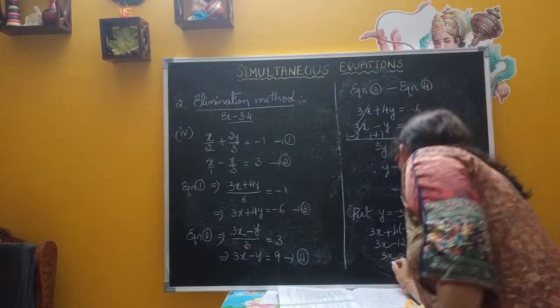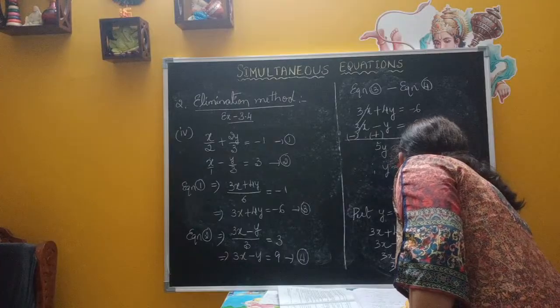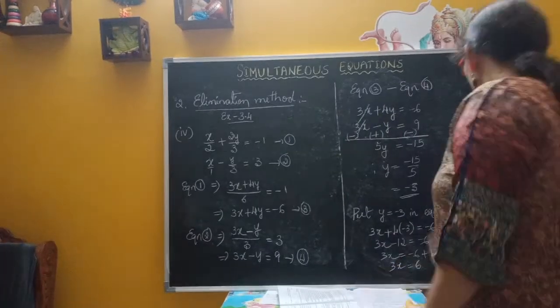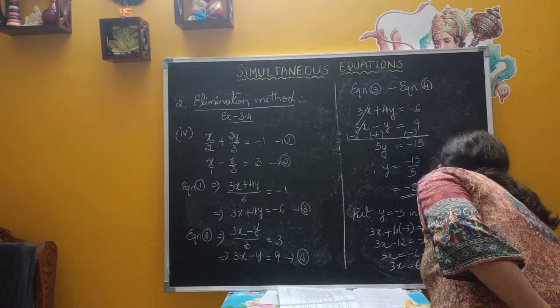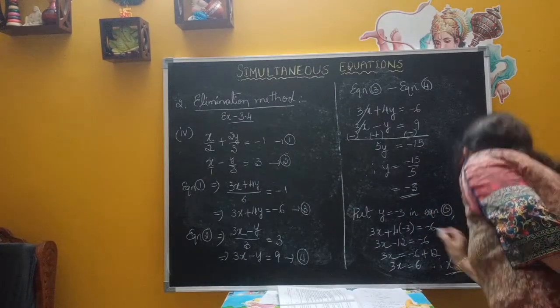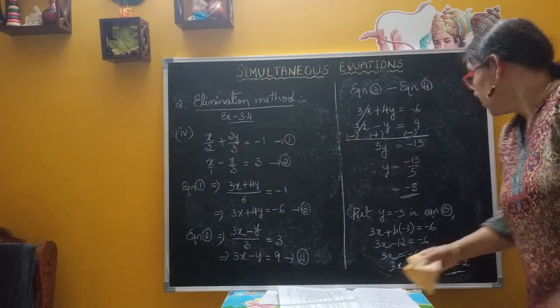So we get 3x is equal to 12 minus 6 is 6. So x value is 6 by 3. 3 2s are 6. So x value is 2.